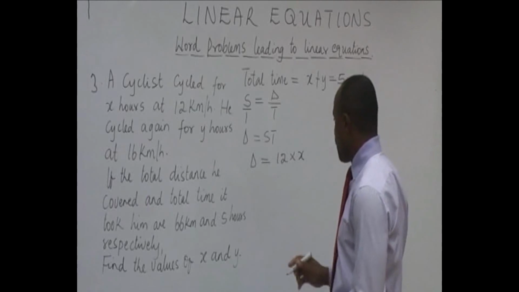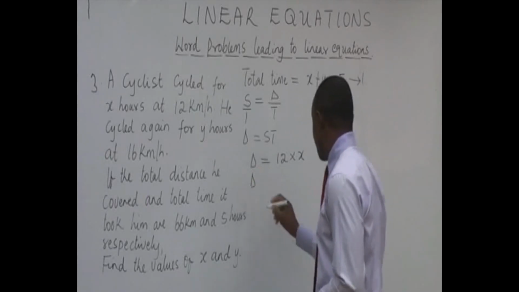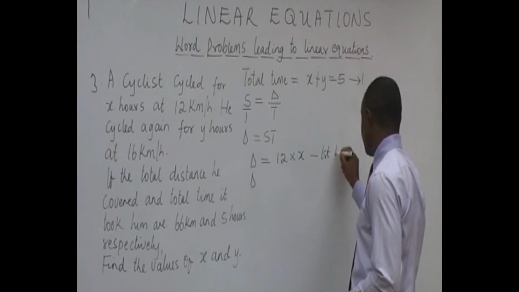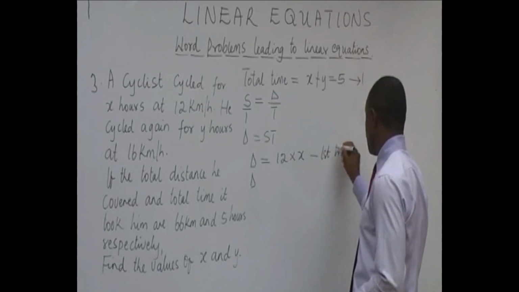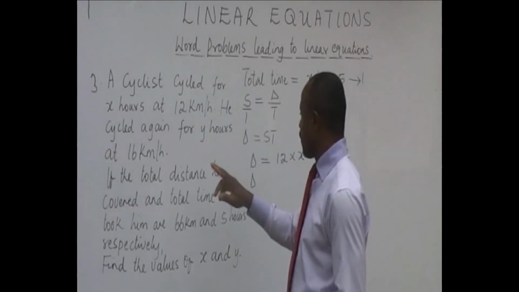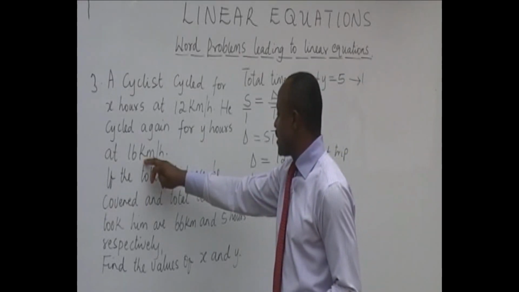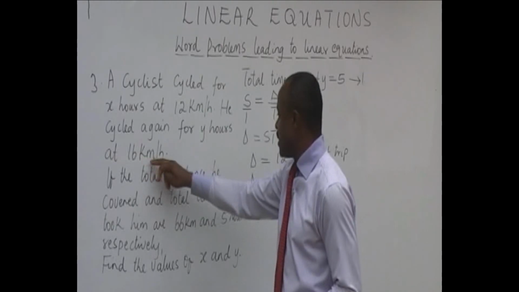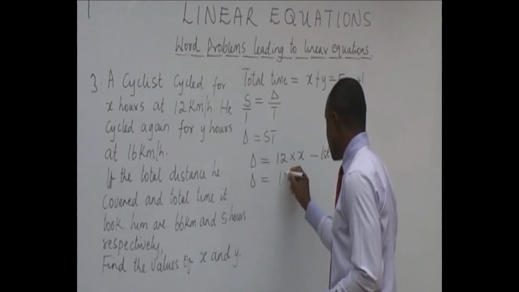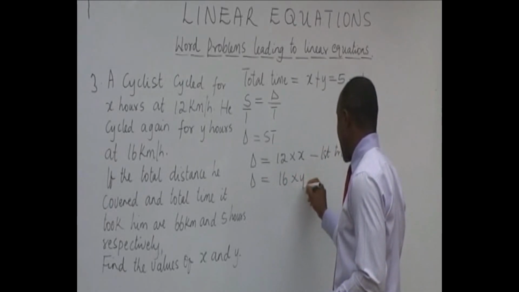The second trip, the distance for the second trip, this is first trip. Distance for second trip is going to be 16 kilometers per hour speed times y hours, which will give us 16 times y.